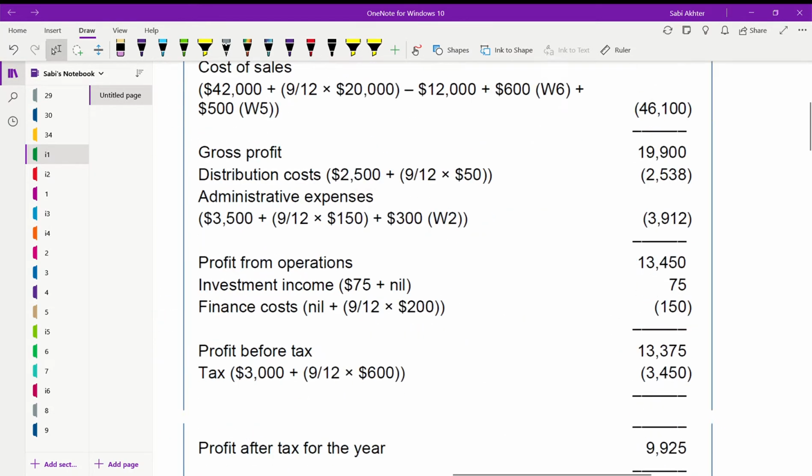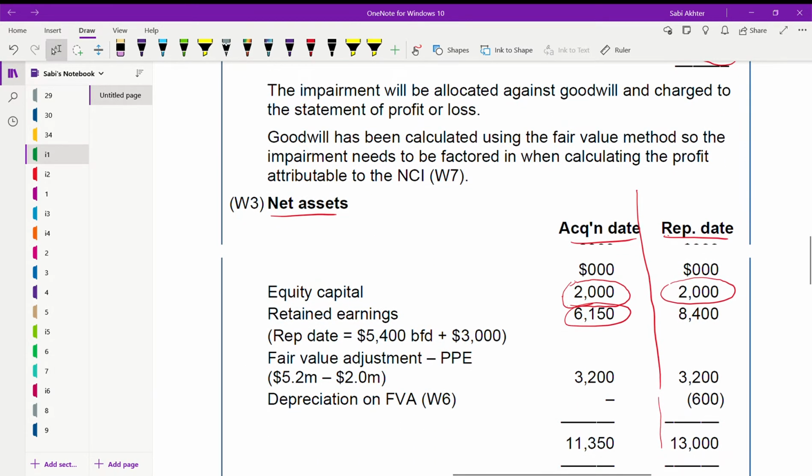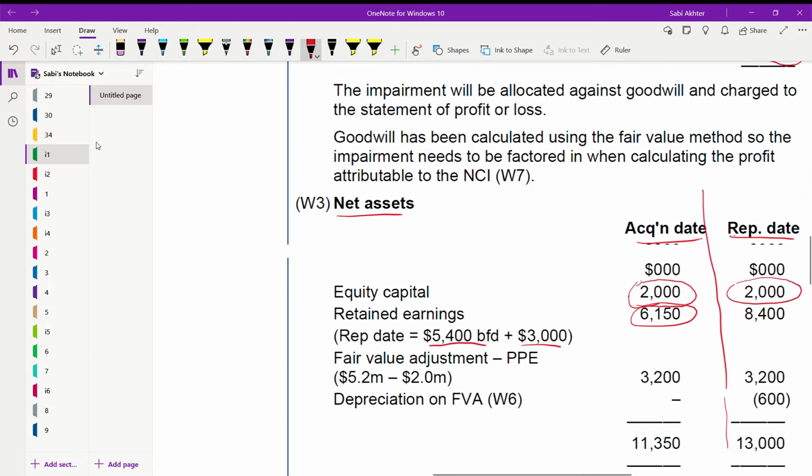But you need to do some adjustments to retained earnings. So what was that adjustment at the reporting date? It is this: 5.4 million brought forward plus 3 million. At the reporting date, meaning in the statement of financial position, where did you get this 5.4 million?